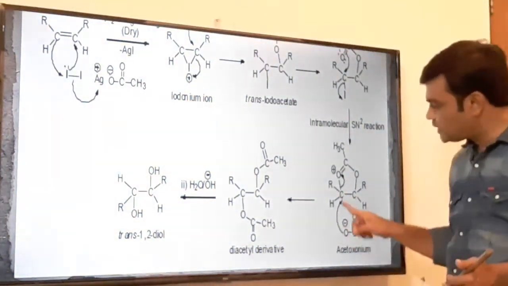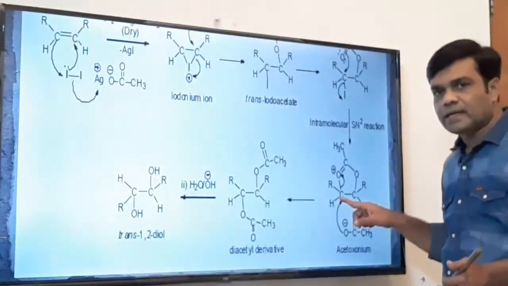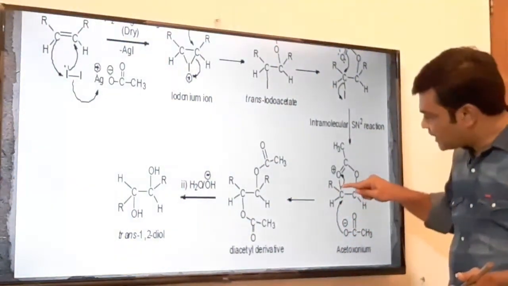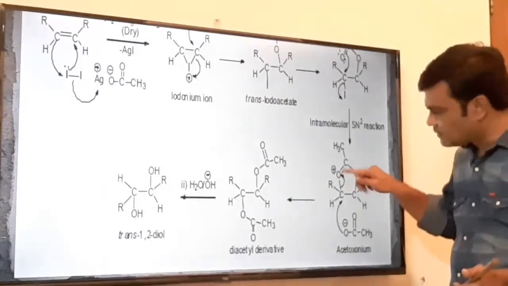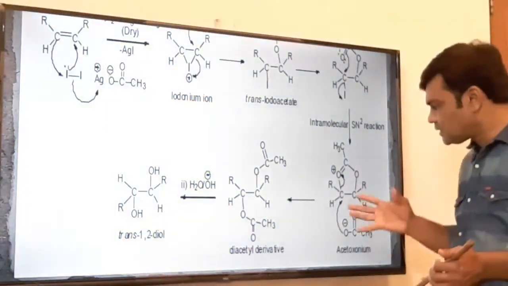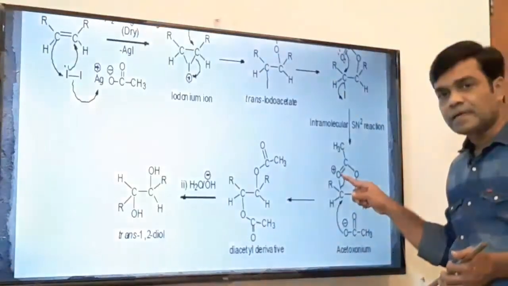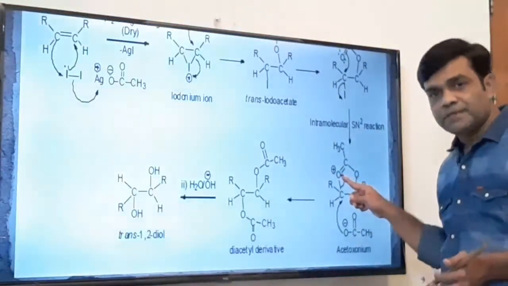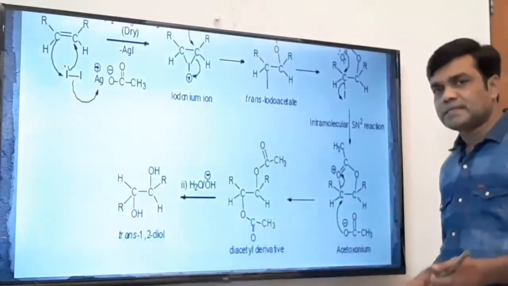So when this new bond is formed between carbon and oxygen, this is a nucleophilic attack, SN2 type attack. At the same time, this oxygen-carbon bond will open, and the oxygen gains its lone pair which was previously lost. What is the driving force for the formation of this bond and the cleavage of this bond? Deficiency over the oxygen is the driving force.